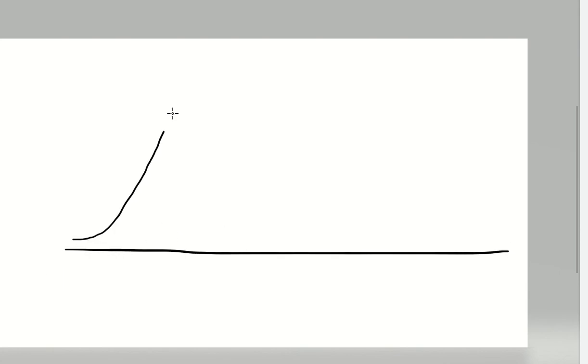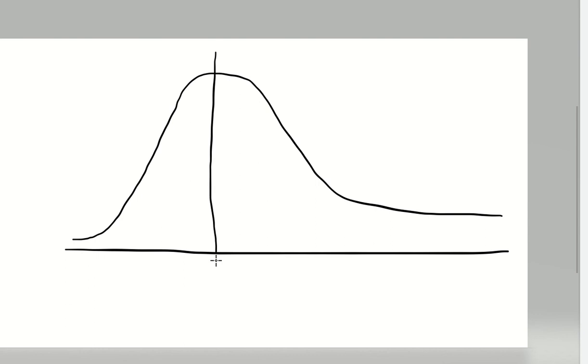It will look like this, and then you feel there's a tail on the side that has been pulled. This is called a positively skewed data or data skewed to the right. What happened is that your mode is still here, but the mean and the median are pulled up.